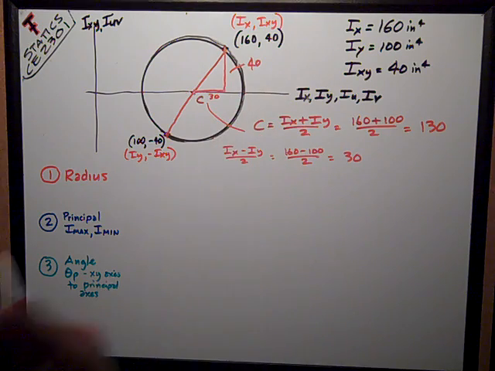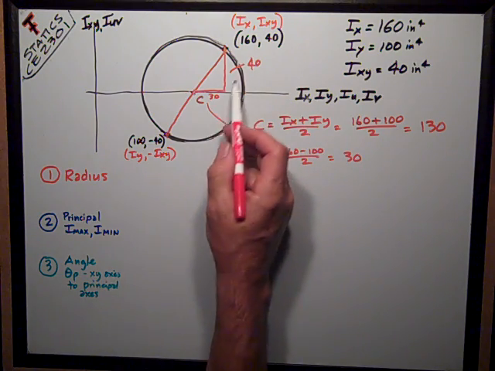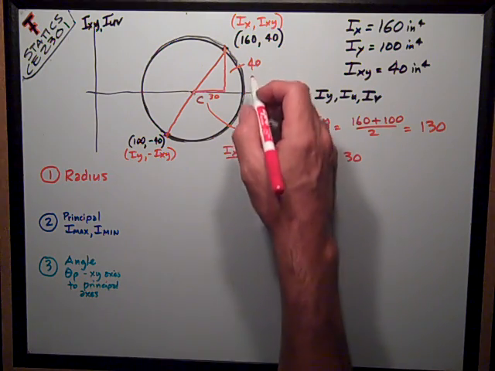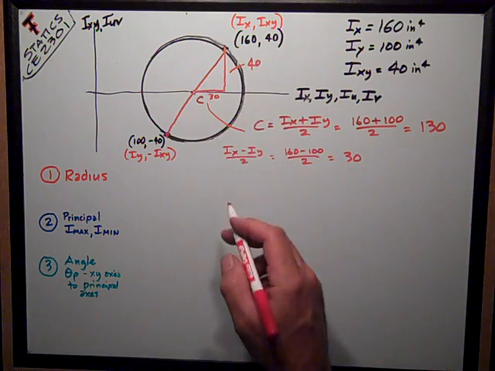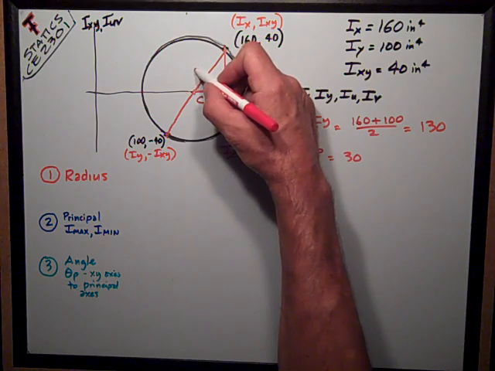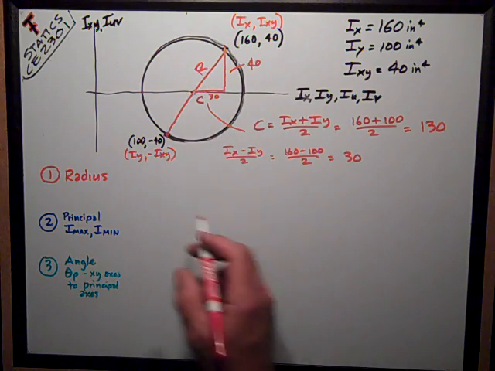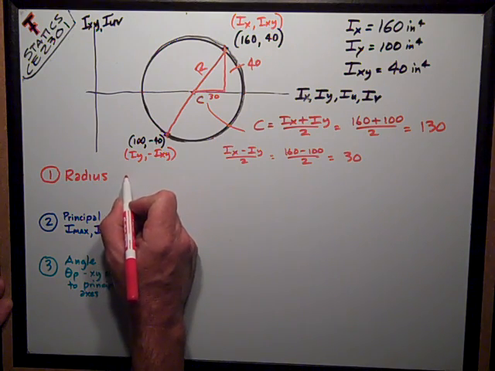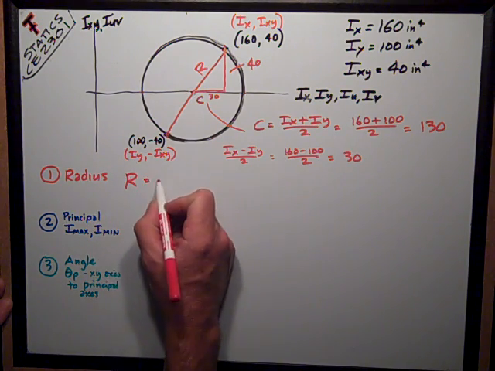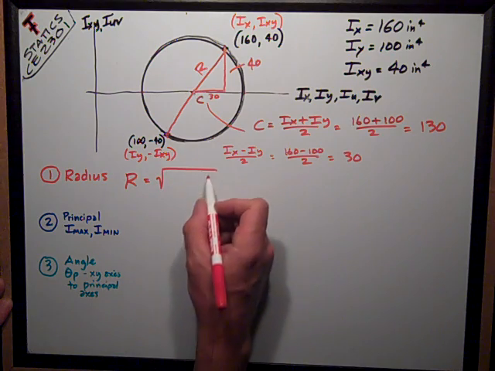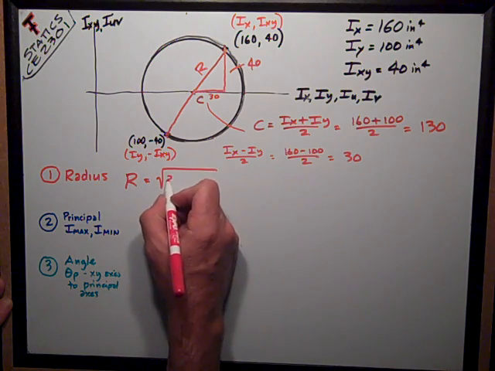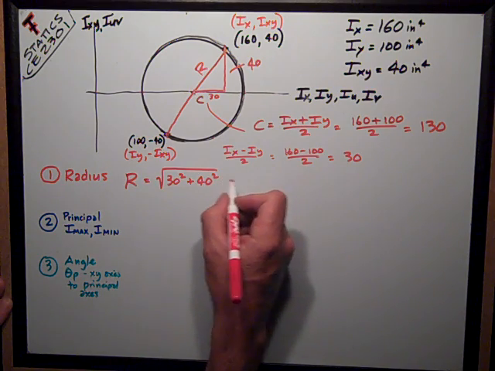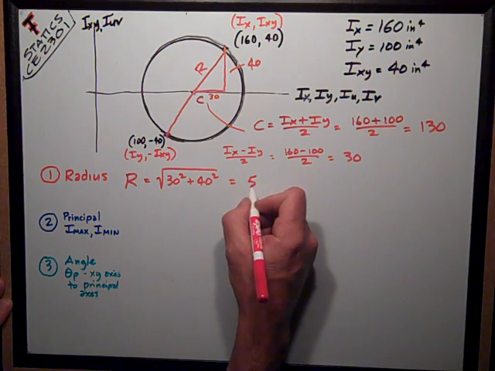Now I know the 2 sides of a triangle, so it's easy to figure out the radius. I can tell by inspection it's a 3, 4, 5 triangle, so it's going to be 50. But I can also calculate it if it's not so obvious: r is equal to the square root of the sum of the squares of the sides. 30 squared plus 40 squared is equal to 50 after taking the square root.